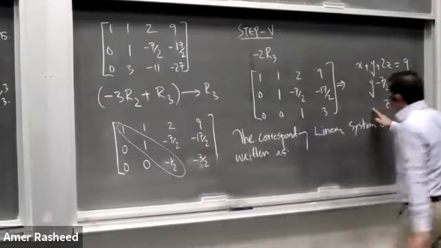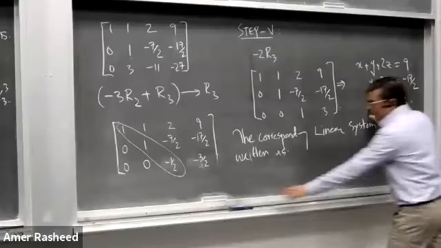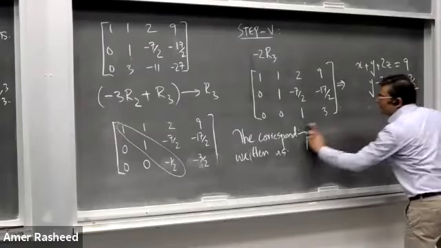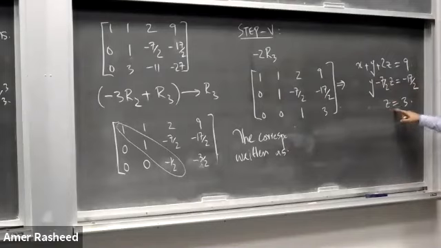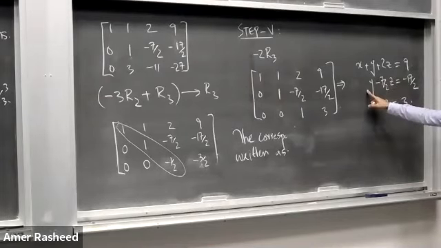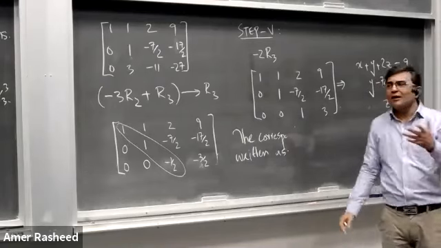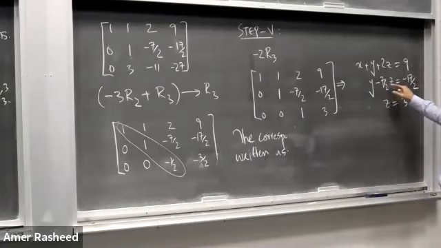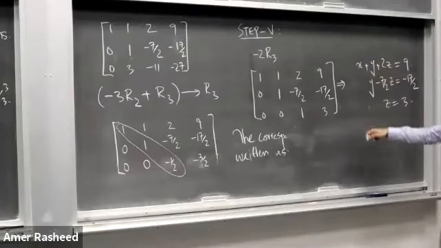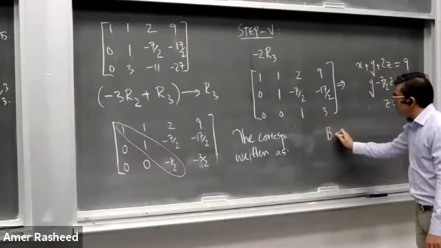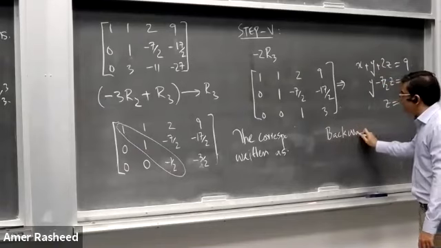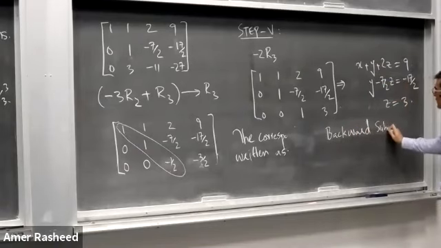Now, here we can use backward substitution. Backward substitution is what? You have the value of z. You can substitute it back in the second equation. You get the value of y. And then you have two values of y and z. Then you can substitute the values of y and z in equation 1 in order to get the value of x. This is called backward substitution. Okay.